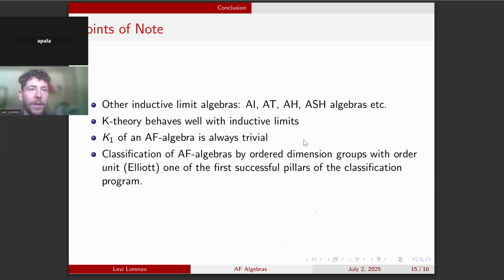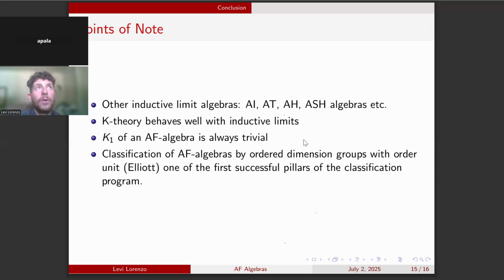It has guided a lot of the work that we want to do. These inductive limit processes are really useful in creating new classes of algebras, and it's really interesting to see how C-star algebras behave under inductive limits.